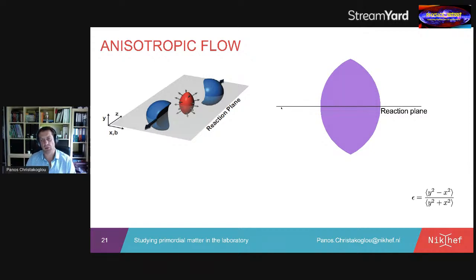And what is also important is what we call the reaction plane, which is the plane defined by the impact parameter, again the line that connects the centers of the two nuclei, and the z-axis, the line on which the ions traverse. So this is another representation, if you want to picture it a bit better, of how this reaction plane looks.